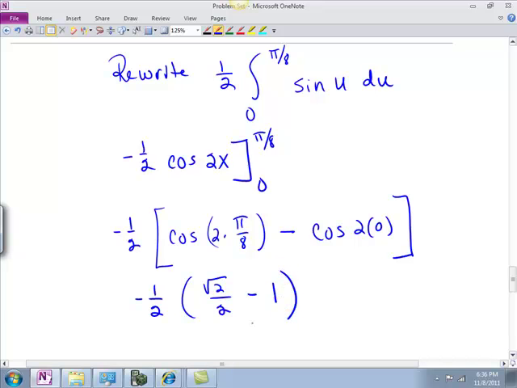Is that making sense? Okay. How do you do this? What algebraically do I need to do to be able to do this? Common denominator. So I'm actually negative 1/2 times square root of 2 minus 2 over 2.